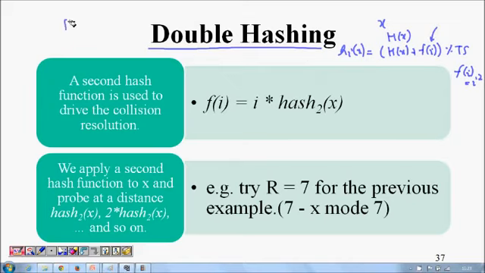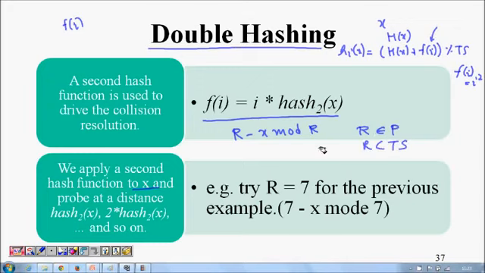In this, f(i) is given by i times hash2(x), where hash2 is another hash function that we apply to x. So f(1) will be 1 times hash2(x), f(2) will be 2 times hash2(x), f(3) will be 3 times hash2(x), etc. One good second hash function is R minus (x mod R), where R is a prime number smaller than the table size.